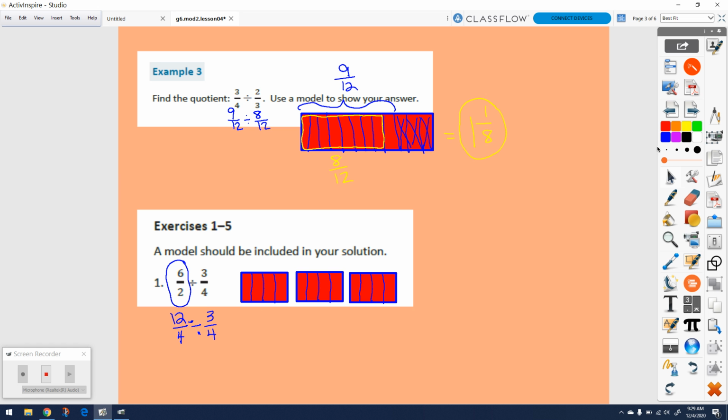Okay, and now we're going to group those in groups of 3. Ready? There's 1 group of 3. Here is 2 groups of 3, 3 groups, and 4 groups. 4 perfect groups, so my answer is 4.